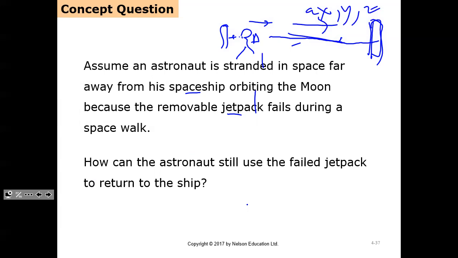Newton's third law doesn't assume anything. If you push something with 10 Newton, that thing will push you in the opposite direction with 10 Newton. That is Newton's third law.